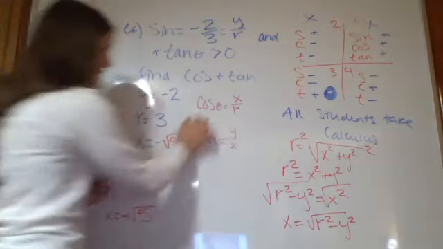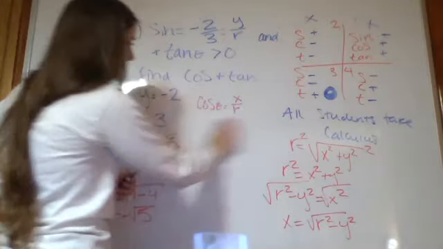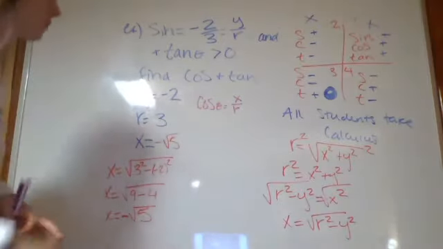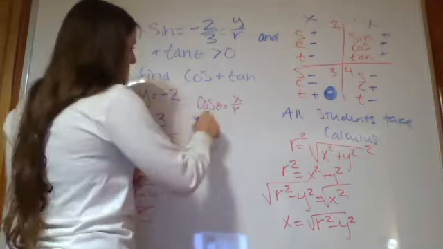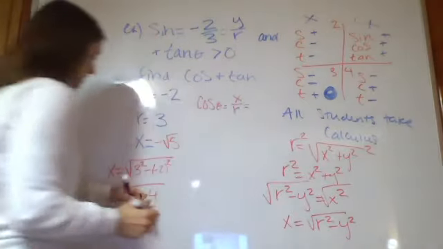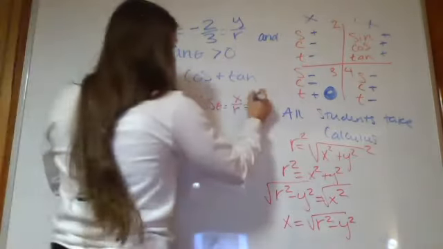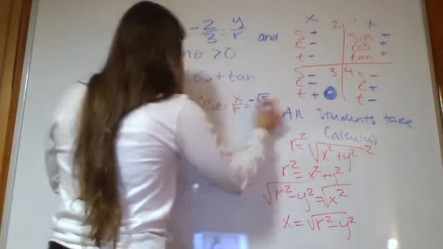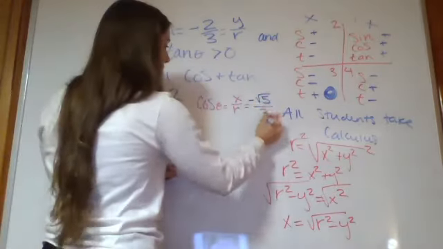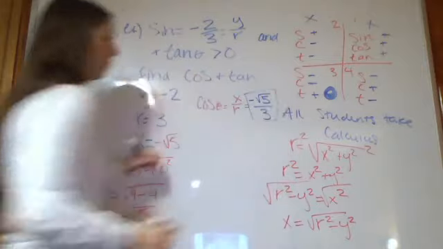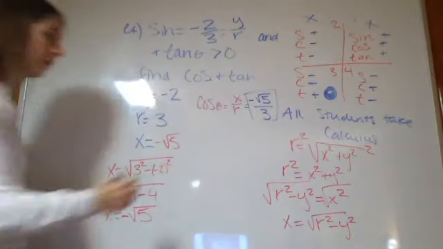So for both, I need to leave myself some more room for that one. Let's do this one first. So cosine equals x over r. X is negative root 5, and r is 3. Since that radical is in my numerator, I can leave it like that.